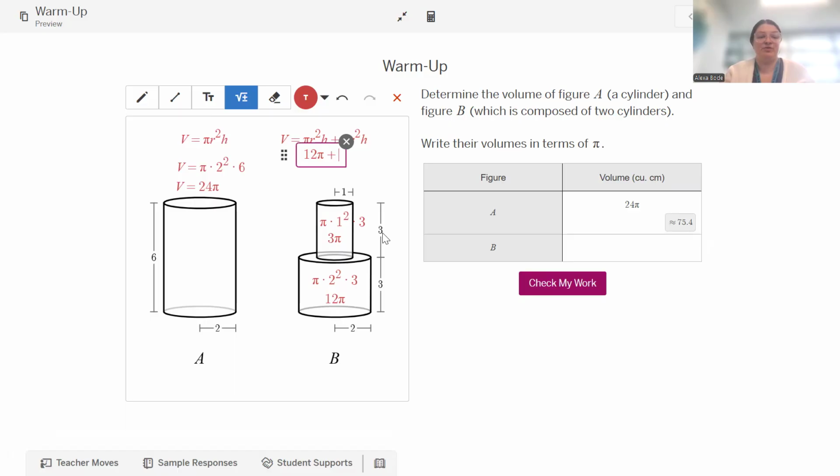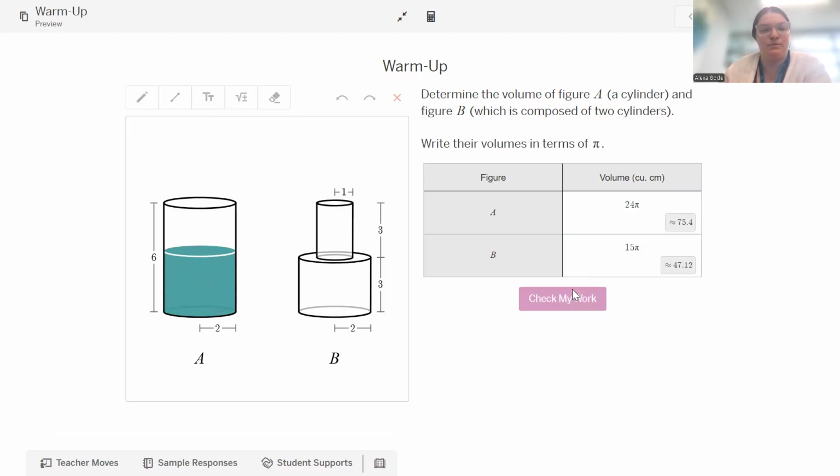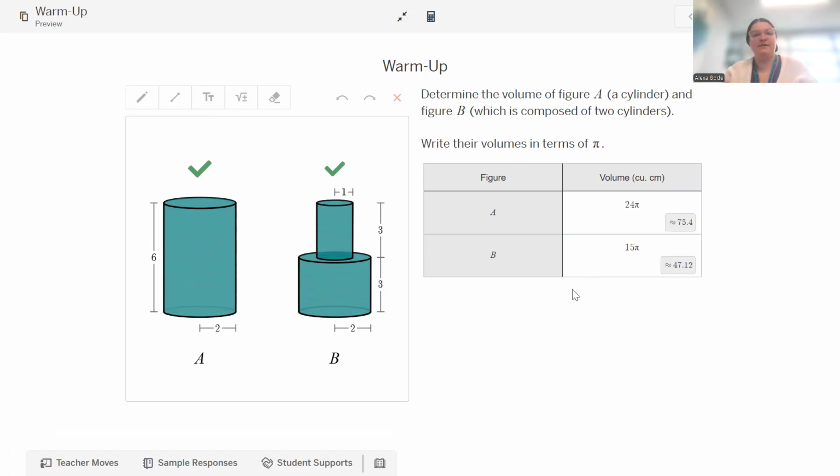So together we have 12 pi plus 3 pi. Think of this as like terms almost. They are like terms, 12 pi plus 3 pi. So we can just add them. 12 plus 3 is 15. So this would be 15 pi. And this is going to come in handy today.